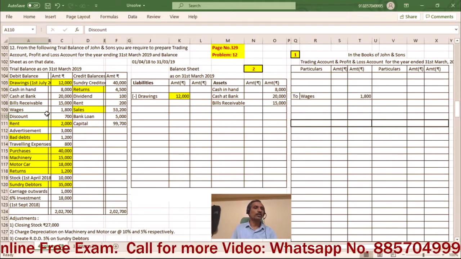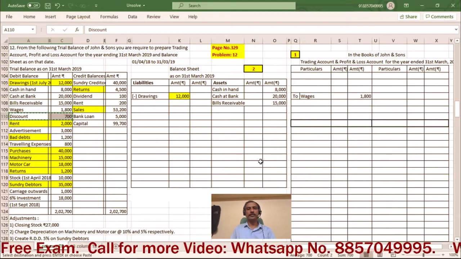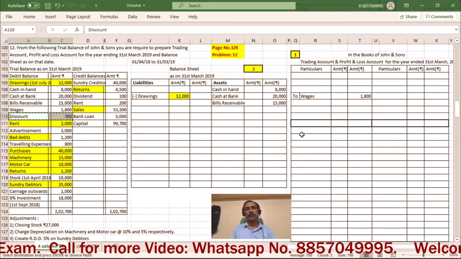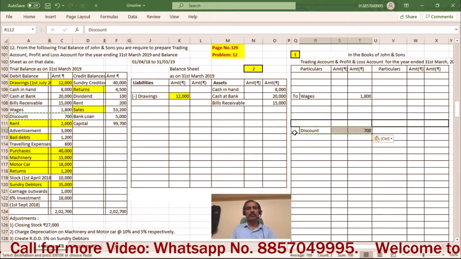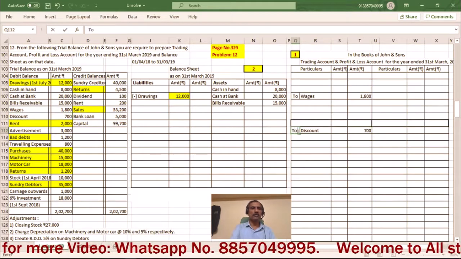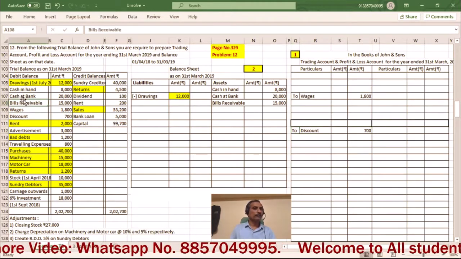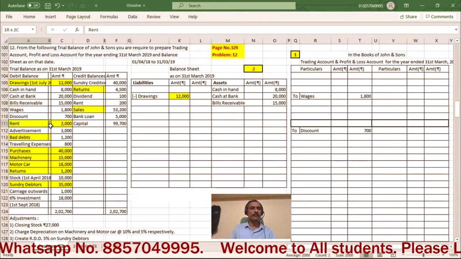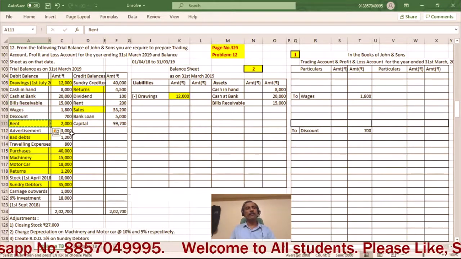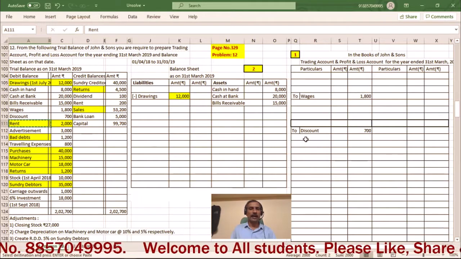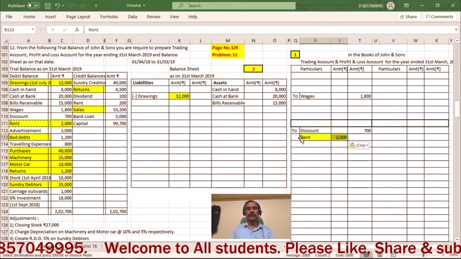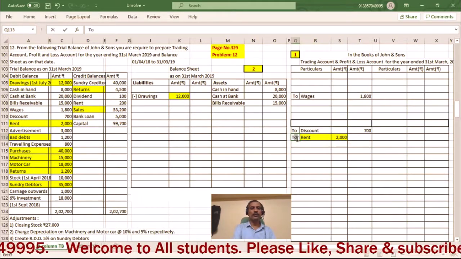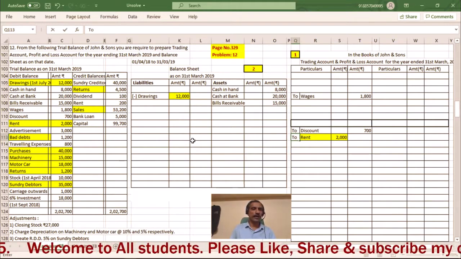Next, discount, this is our indirect expense, so we have to show it on the debit side of the profit and loss account. After that rent. There is an adjustment on it; those balances on which there is an adjustment I have highlighted. So rent we have to show in the inner column because we have to adjust rent.